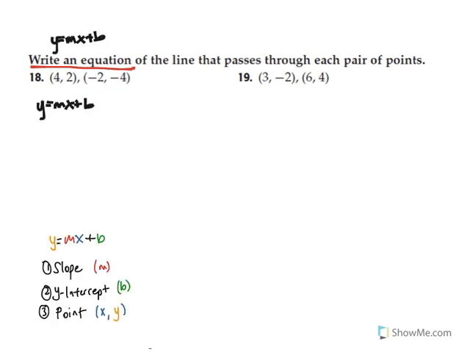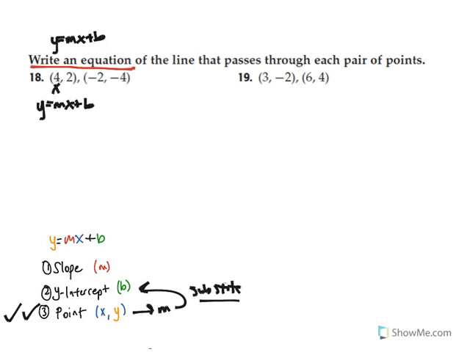Now remember, if we have 2 points on the line, we need to find the slope and then substitute to find the y-intercept. So let's do that.